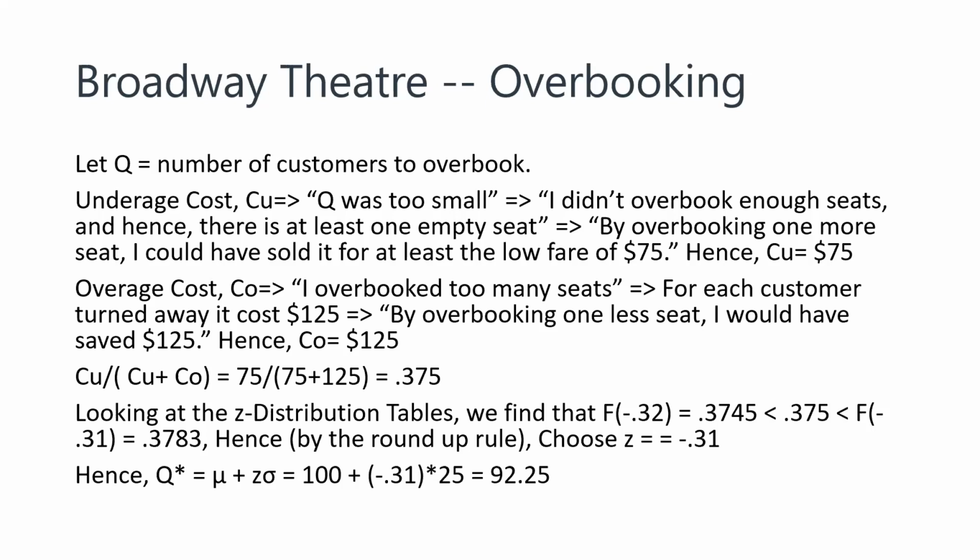With the round-up rule, F(Q) is 0.3783, so the z value I got is negative 0.31. So Q is equal to mu plus z times sigma. So I finally got 92.25 for the overbooking.